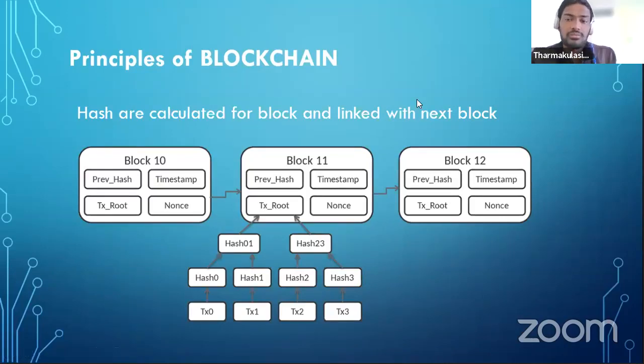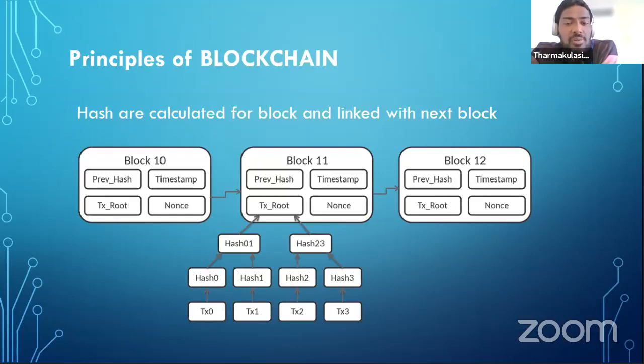So there are many transactions, and all the transactions are managed in the block using a Merkle tree. A Merkle tree is a hash tree, so hash functions are used. At the end, the block has the sum of the transactions in the form of a tree.